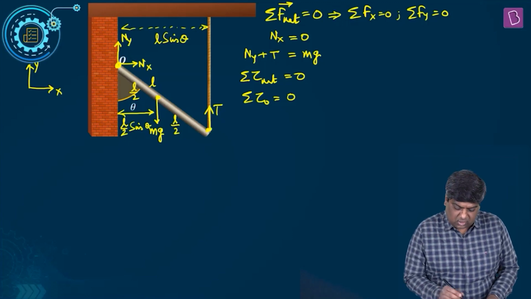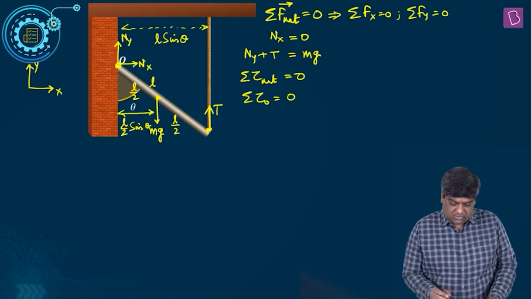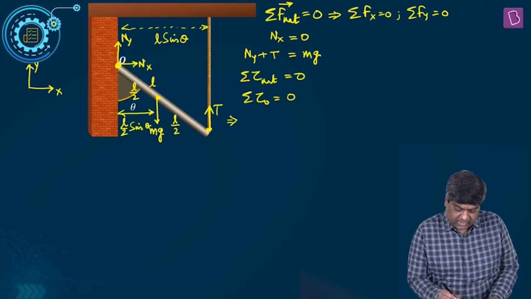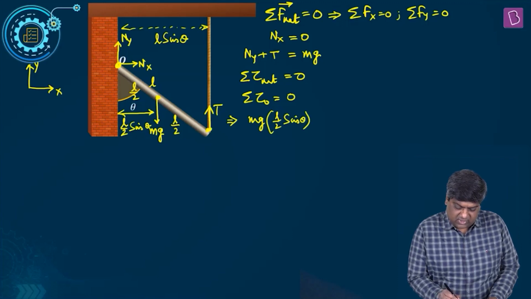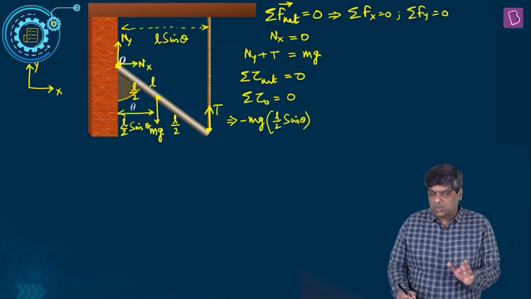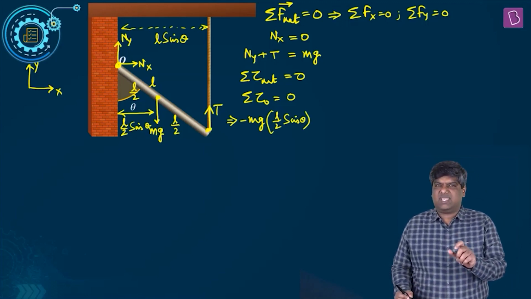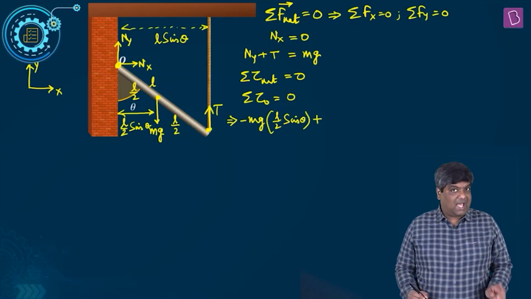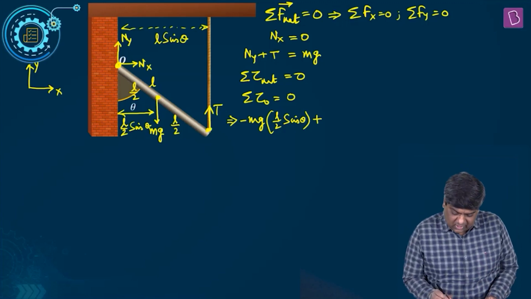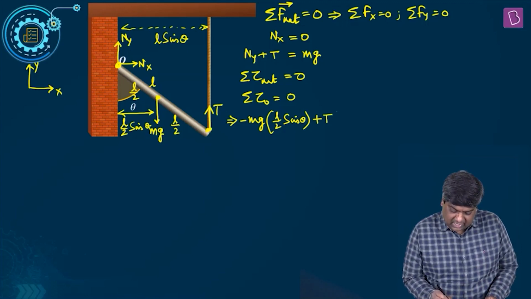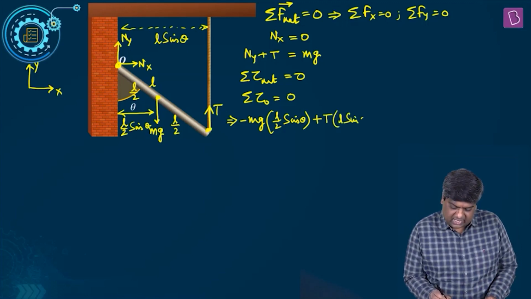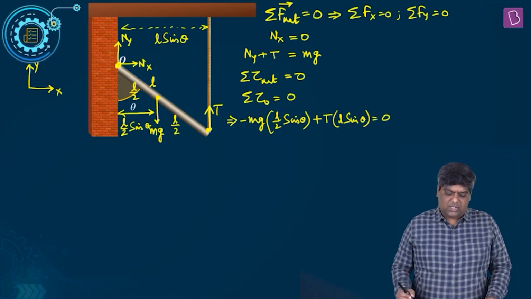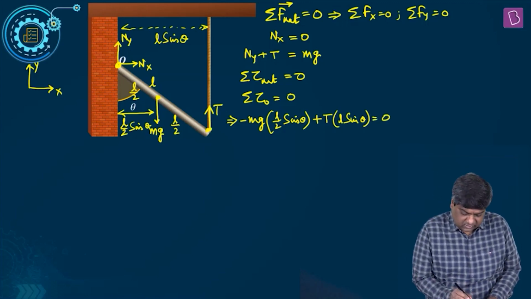So summation torque about O equal to 0 will now become mg into its perpendicular distance, which is L by 2 sine theta, with a minus sign, because the usual convention is clockwise is negative, anti-clockwise is positive, plus tension will have an anti-clockwise torque, so T into L sine theta, must be equal to 0. Now let us solve it here.